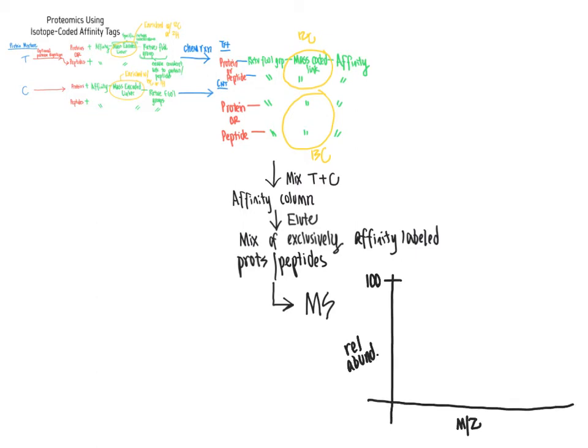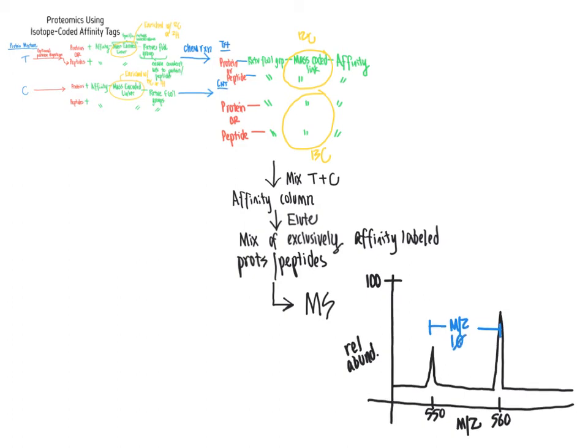And if we take a look at the mass spectrum, and let's say we have signals show up here at 550 and 560. The difference there in the mass to charge ratio between these two is a difference of 10.